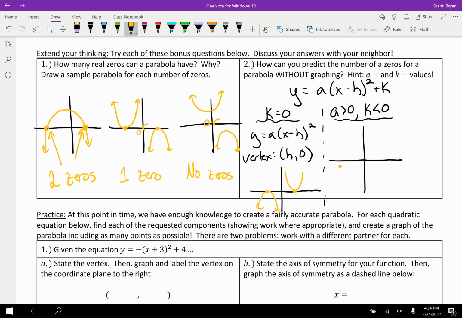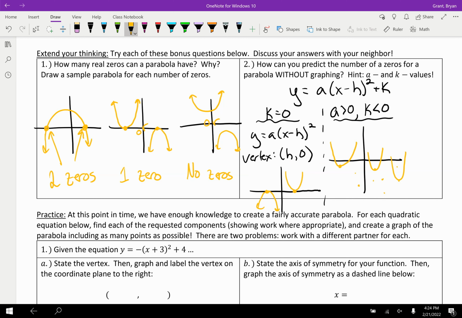Here's a negative k, here's a negative k. Any of these could be negative k's. But if a is positive, which way does our parabola go? Well, our parabola goes up. And so, how many zeros do you see here? Well, I could do that with any of these, couldn't we? How many zeros do you see? Well, I see 2 zeros every time.